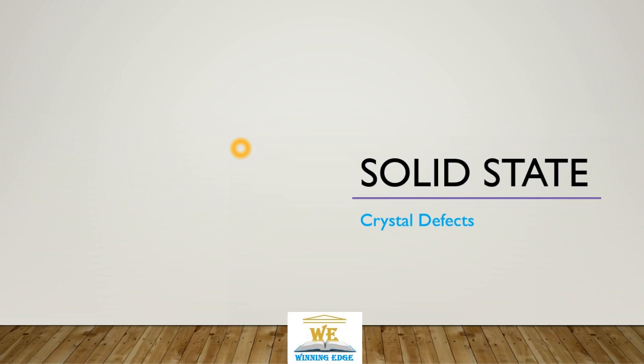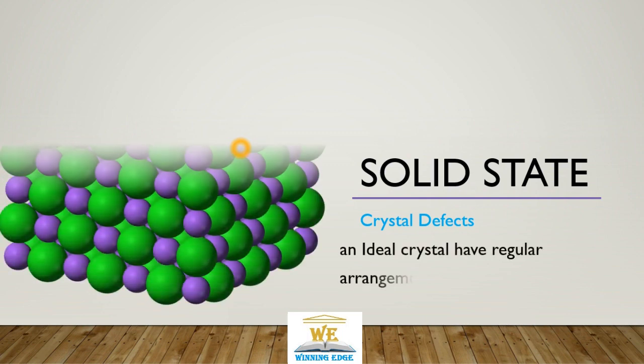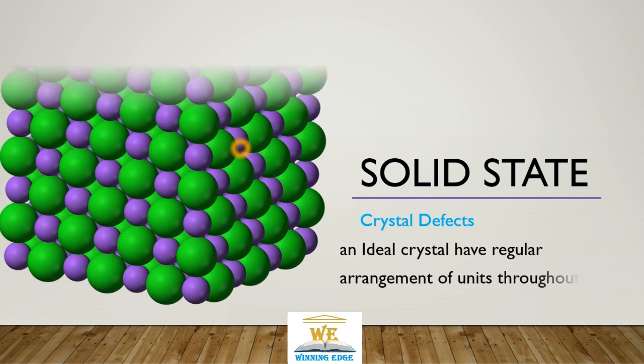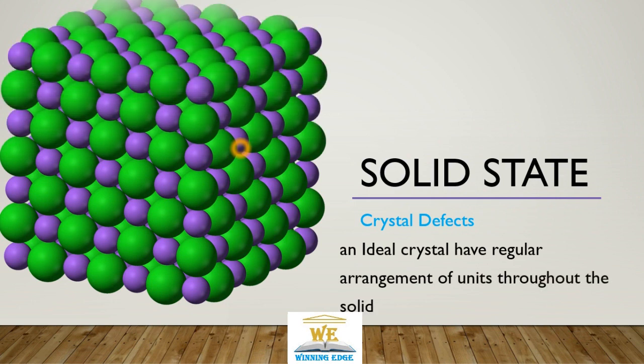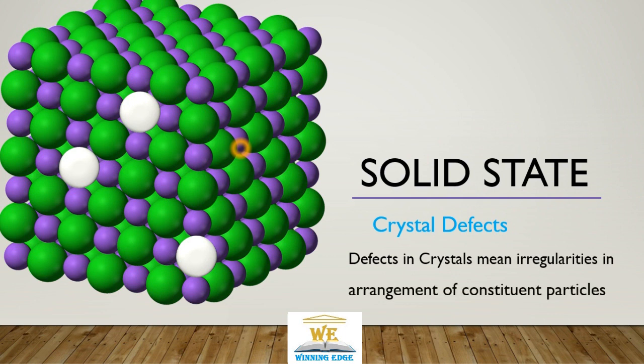Now let's discuss first briefly these crystal defects. We know an ideal crystal has a regular arrangement of units throughout the solid in a 3D structure, but defects in a crystal mean there are certain irregularities in the arrangement of constituent particles.